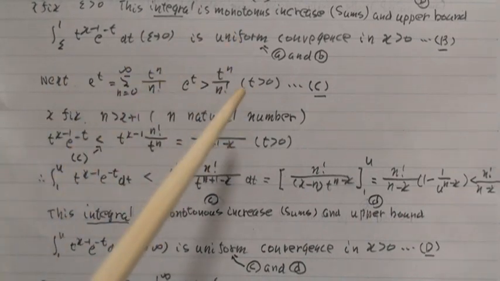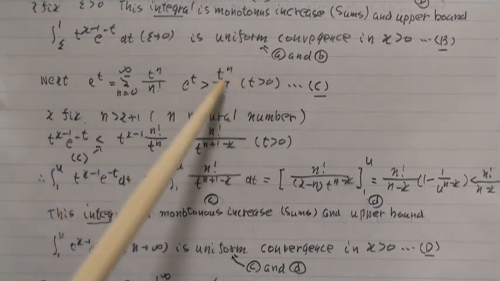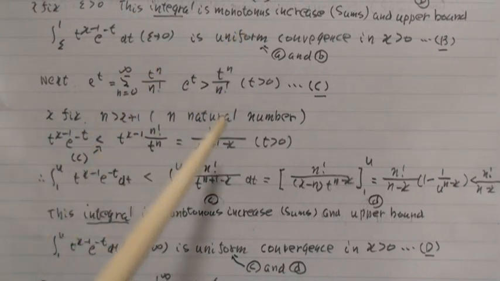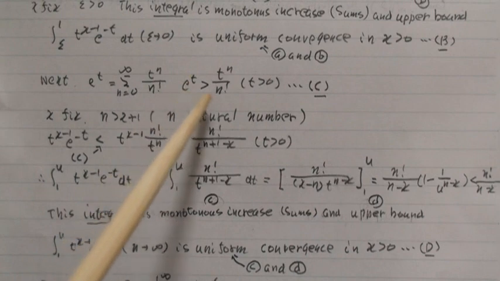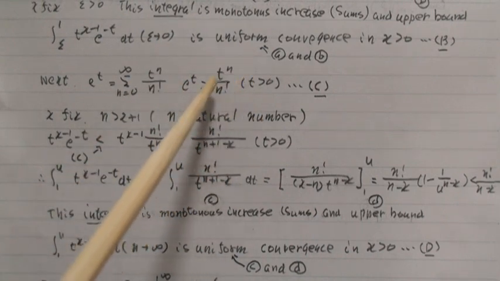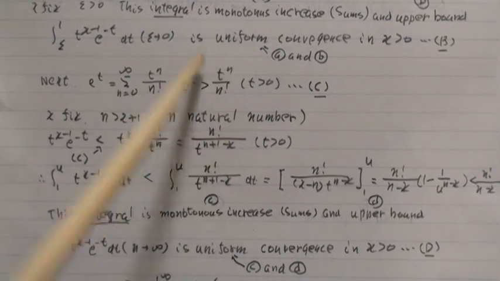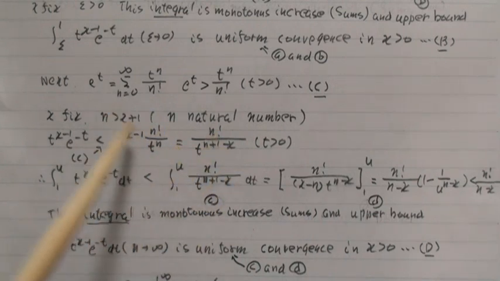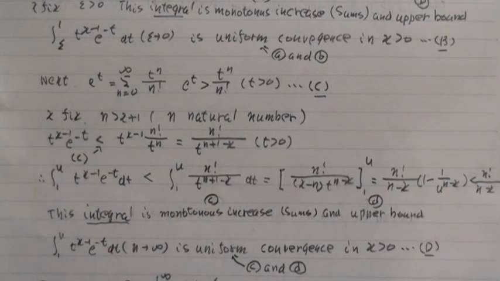This is from C. And e^(−t), with this term on the left side, is smaller than n!/t^(n+1−x). t is positive.